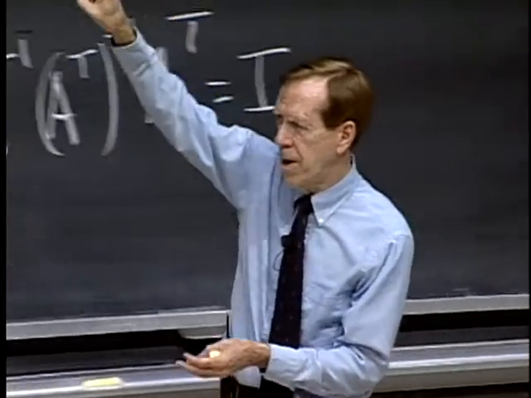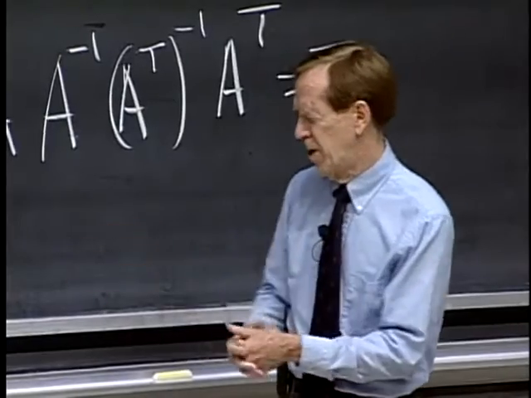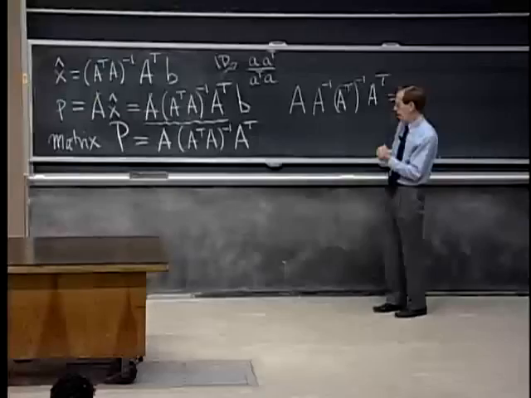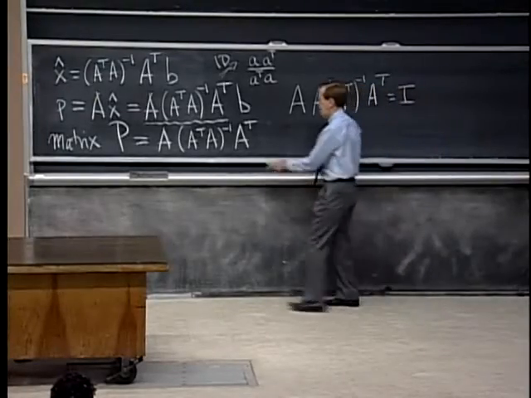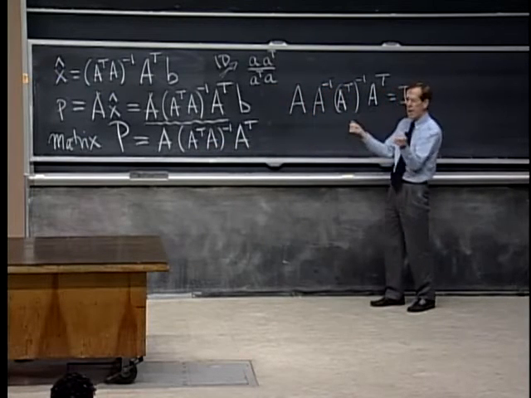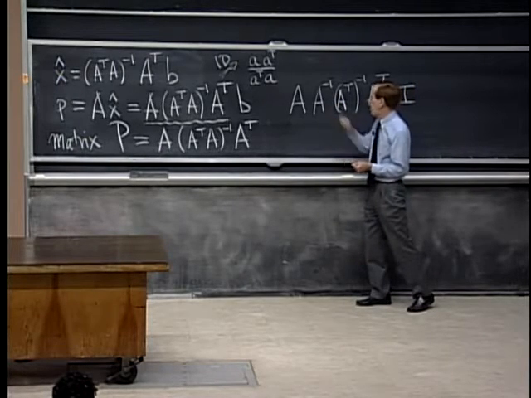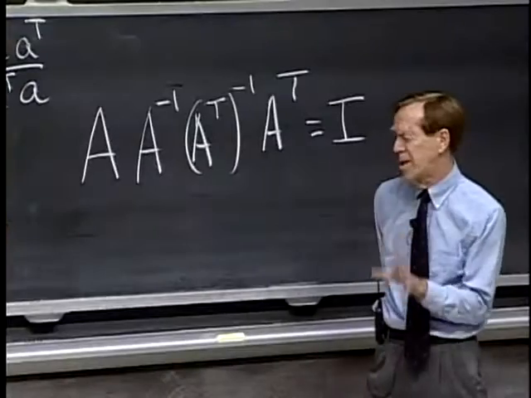It's just got a couple of columns, like A1 and A2, but lots of rows, not square. And if it's not square, this A transpose A is square, but I can't pull it apart like this. So I'm not allowed to do this pull apart, except if A was square.